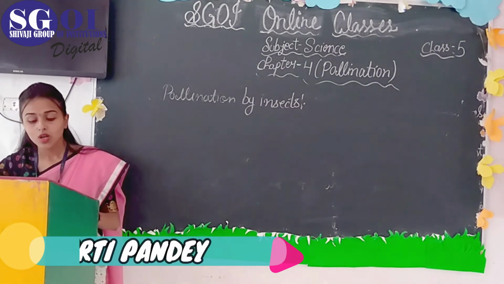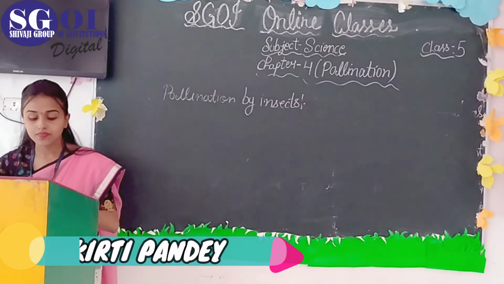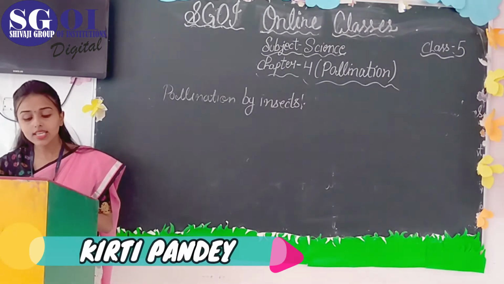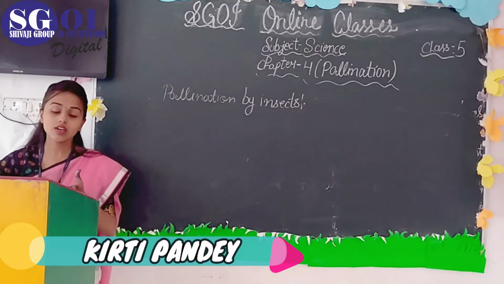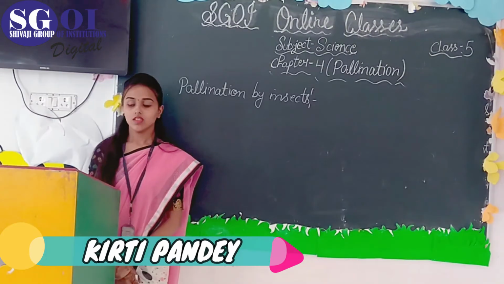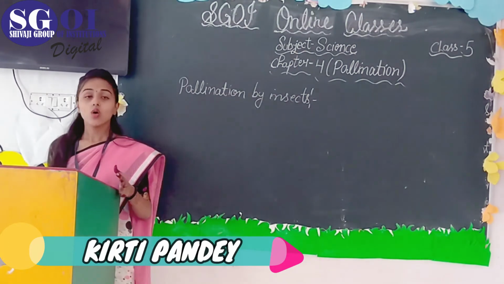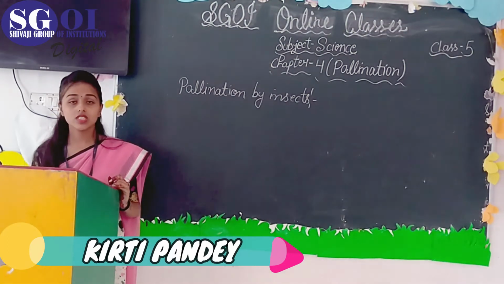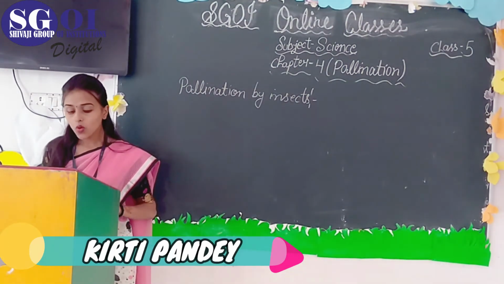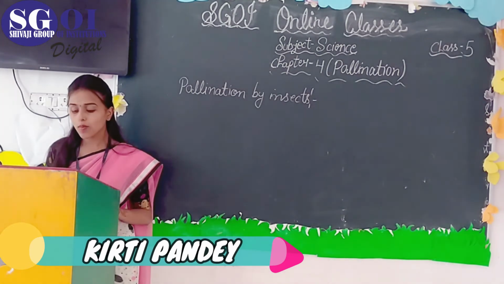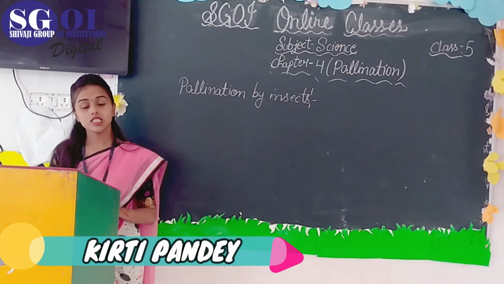Pollination by insects. When an insect visits a flower, the pollen grains get stuck to the body of the insect.